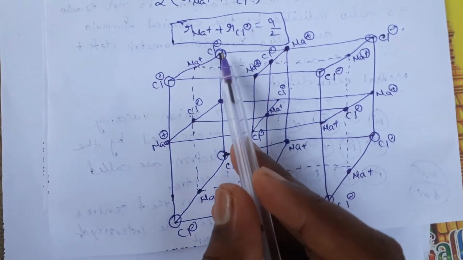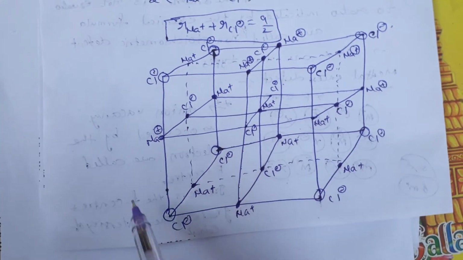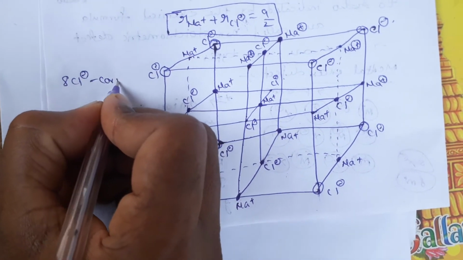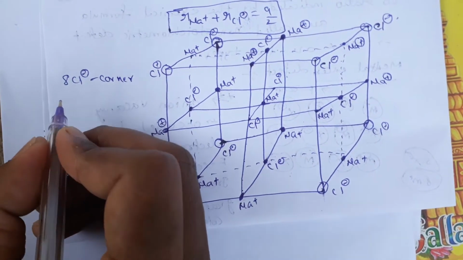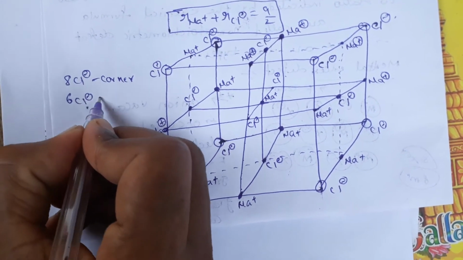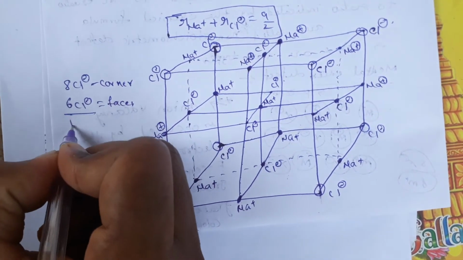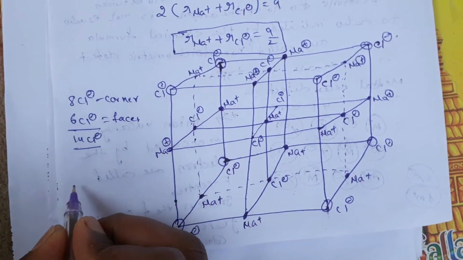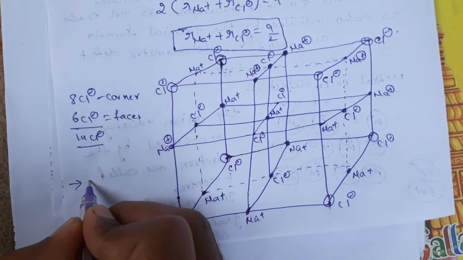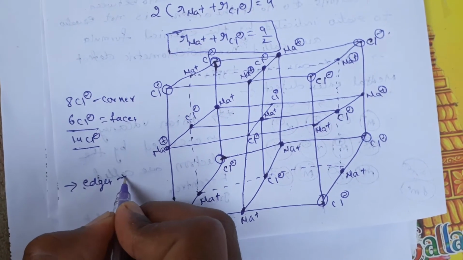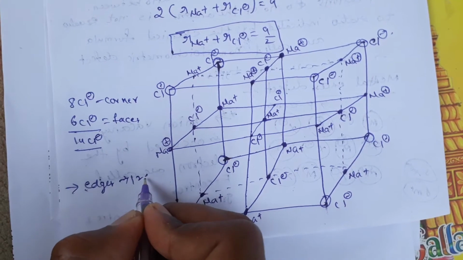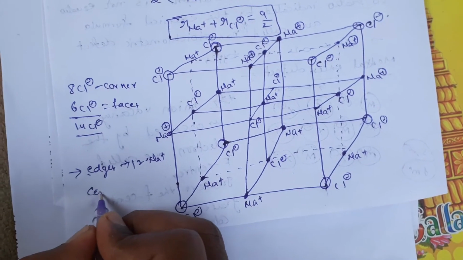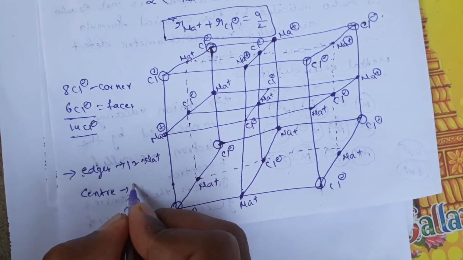If you see chloride ions, 8 corners, so 8 chloride ions at corners, and on faces 6 chloride ions. So total 14 Cl minus ions. And if you take edges, 12 edges, there are 12 sodium plus ions, and at the center 1 sodium plus ion.